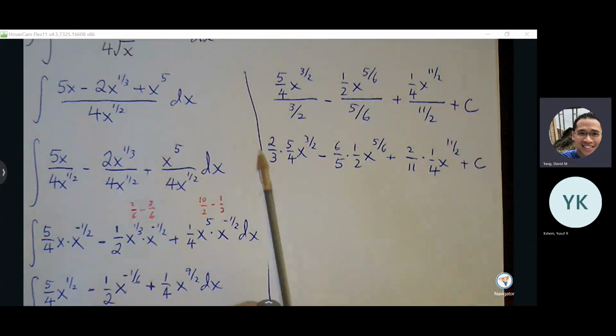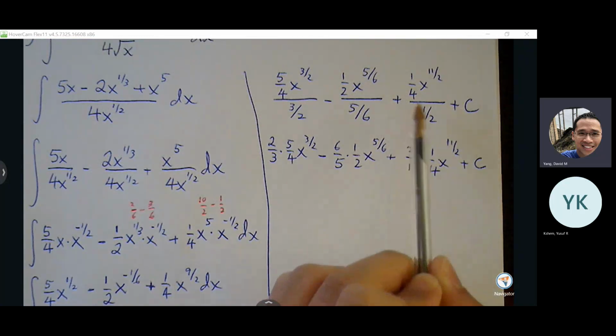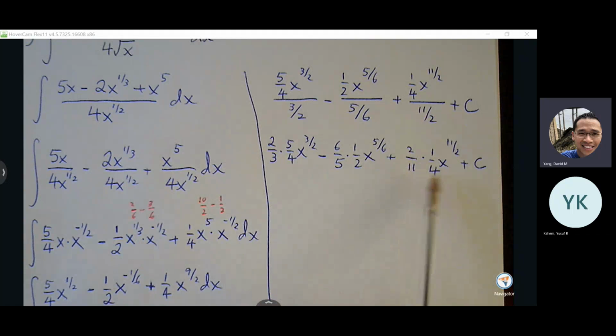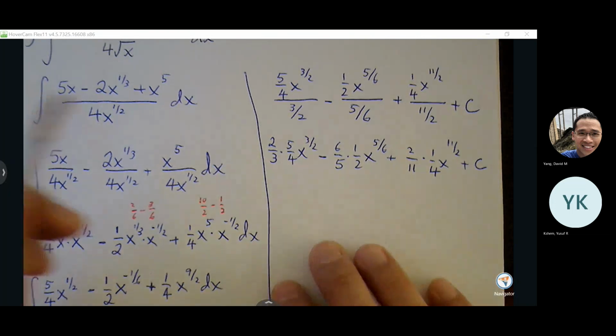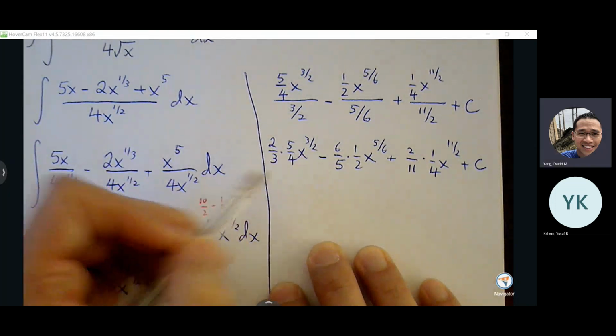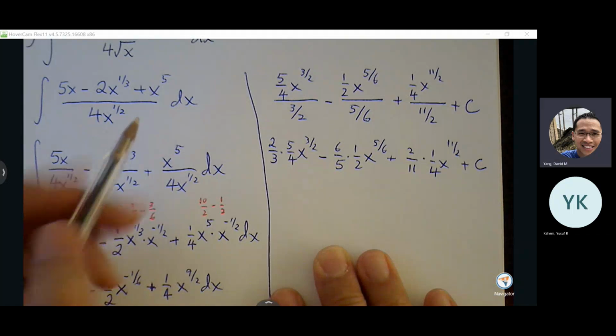Three halves becomes 2/3. 5/6, the same thing as 6/5 up top. 11 halves in the denominator, same thing as 2/11 up top. Okay, 10/12, which I can reduce to be 5/6.